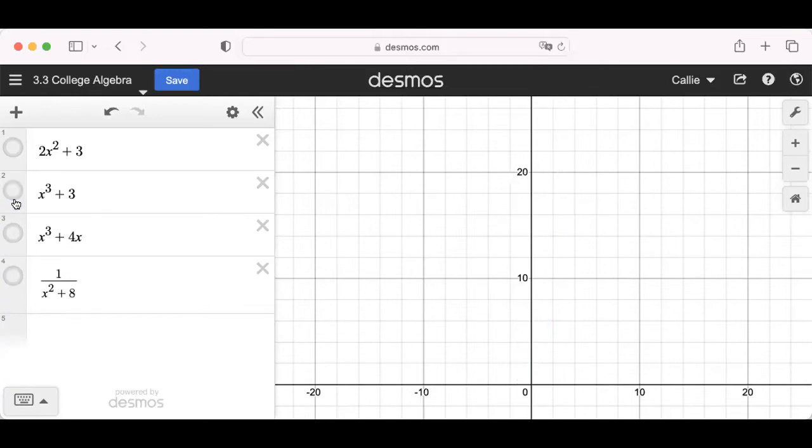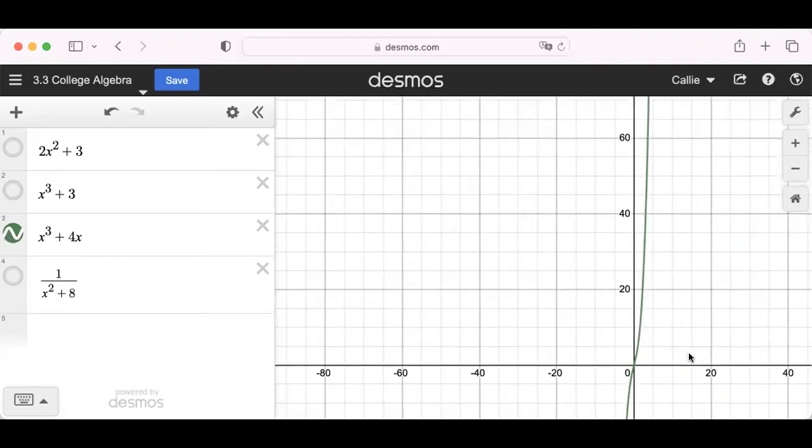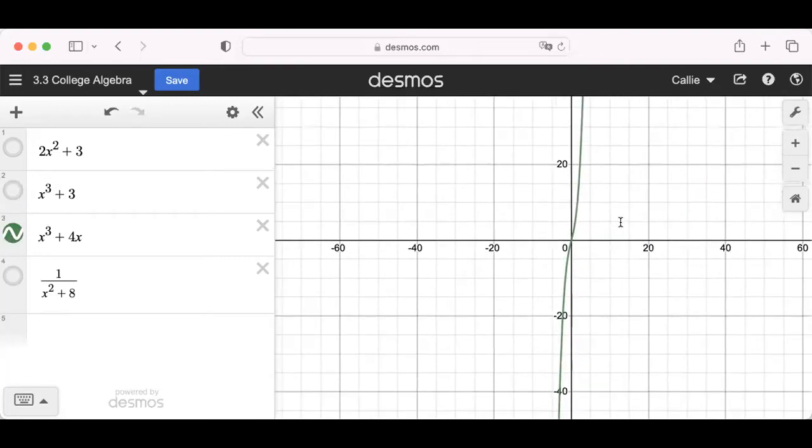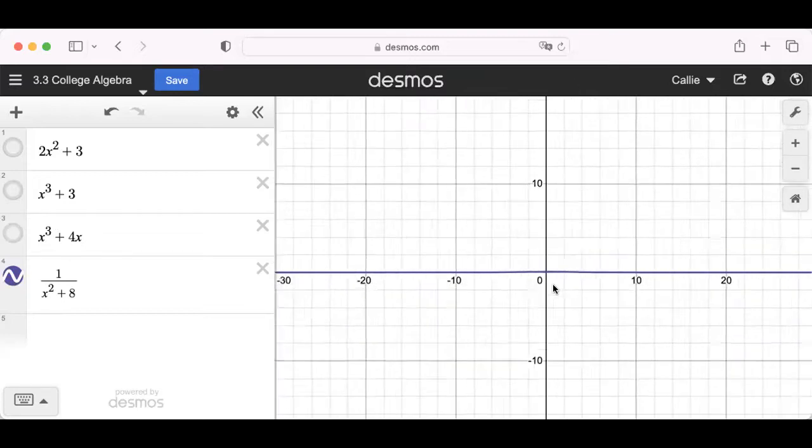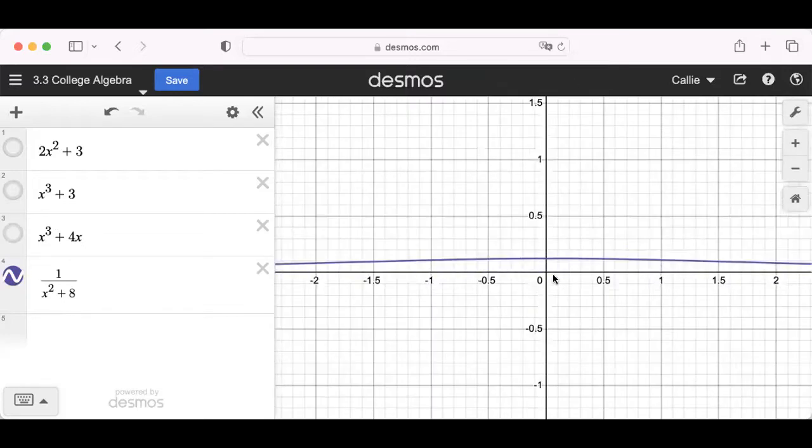X cubed plus 4x, we said that that is odd. And if we zoom out on that, it does look like if we turn it upside down, it would look the same. And then the last one, we said that this one's even, so it should mirror itself along the y-axis. Ooh. Can't tell what it's doing at all, but it does mirror itself.